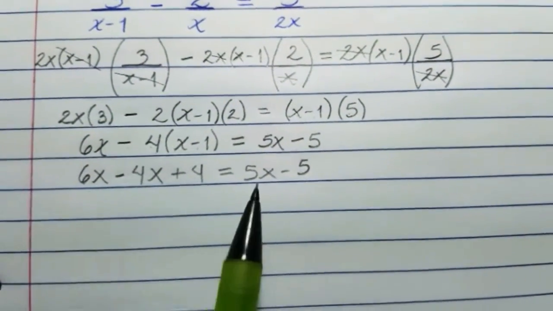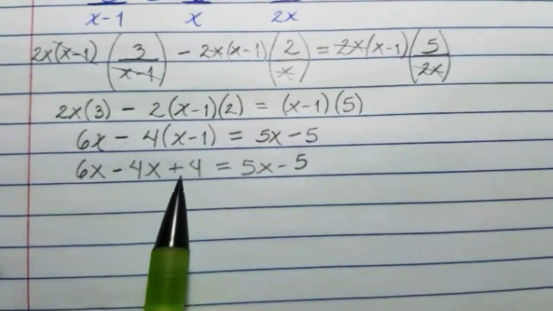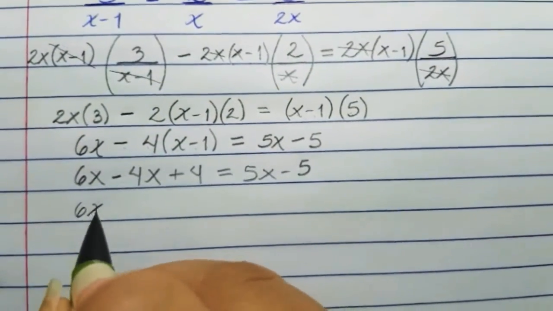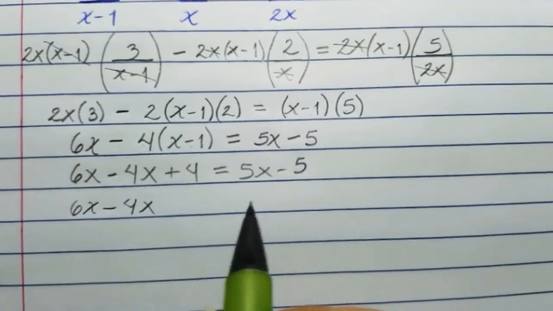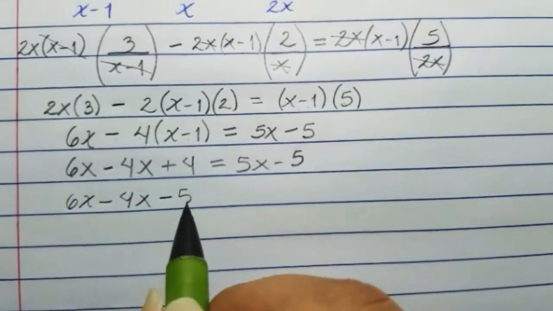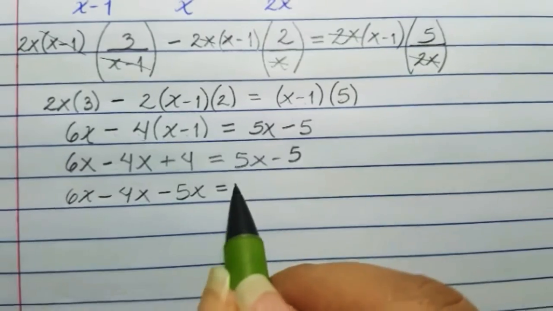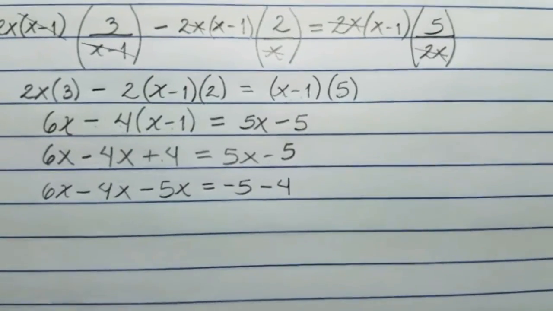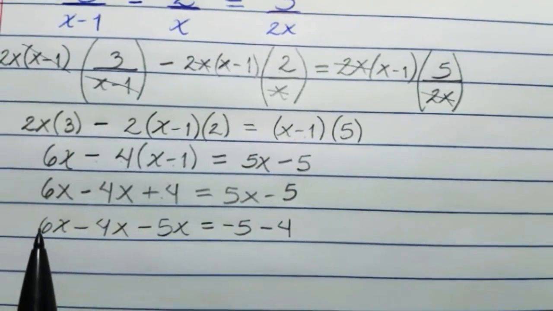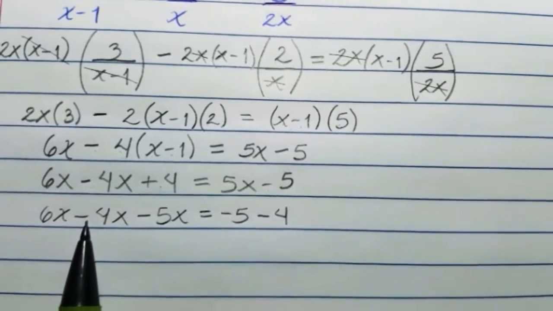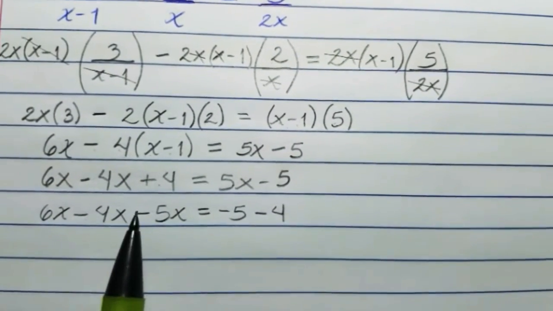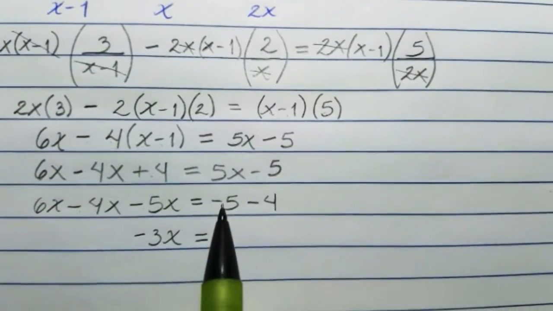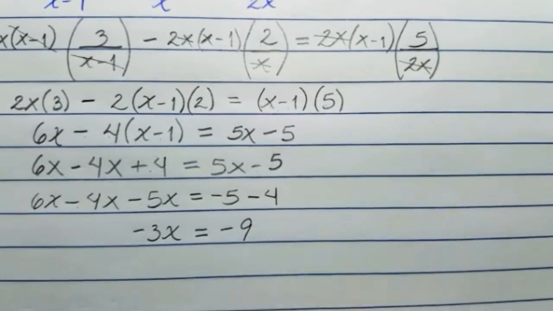That means that this 5x goes to the side of the equation and this 4 goes to the side of the equation because they are like terms. 6x minus 4x using inverse operation minus 5x equals negative 5, and using inverse operation minus 4. So let's keep on simplifying. 6 minus 4 is positive 2. Positive 2 minus 5 is negative 3x. And that equals negative 5 and negative 4 is negative 9.